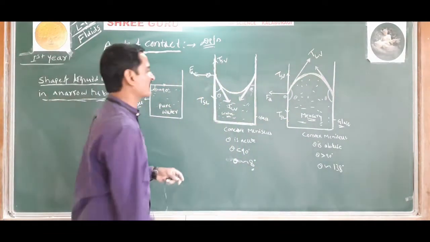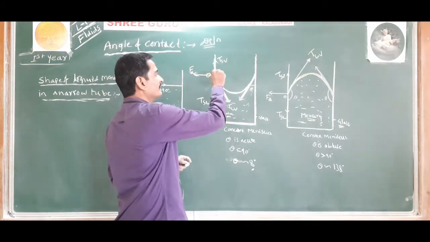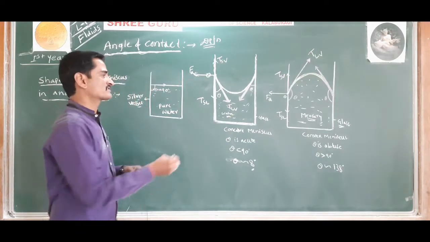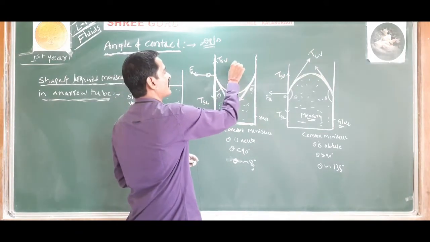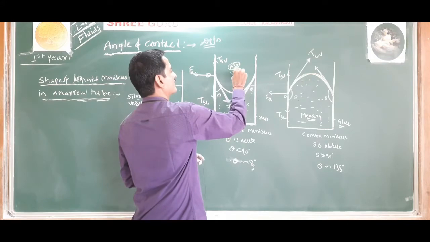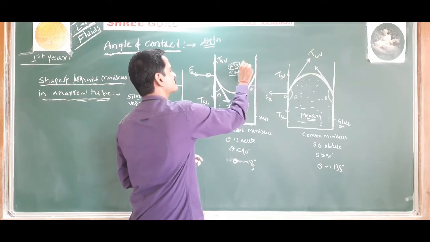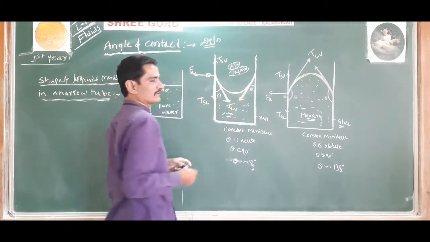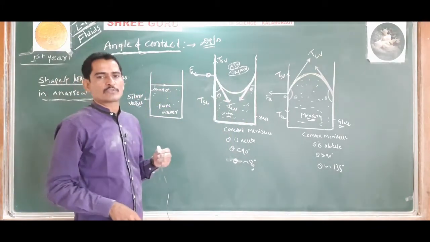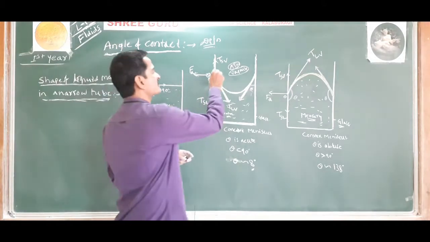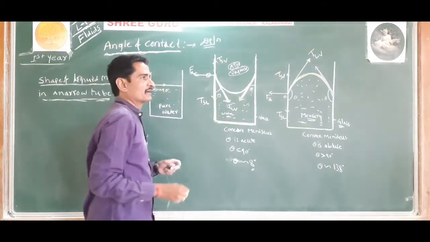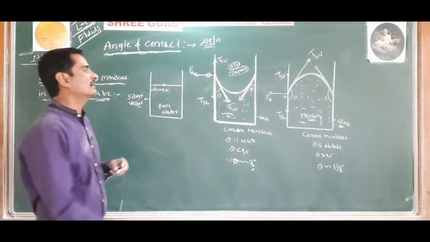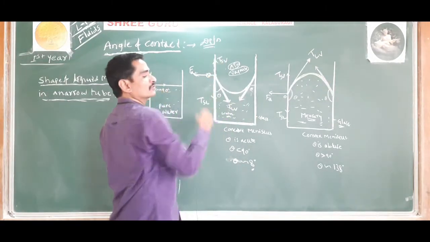That is the surface tension between the liquid and vapor, that is, this is air or vapor, acting tangentially to the liquid surface. The surface tension between the solid and vapor, the surface tension force between the solid and vapor acting parallel to the solid surface.